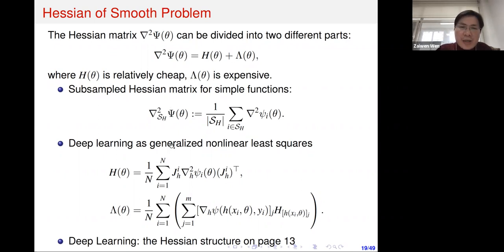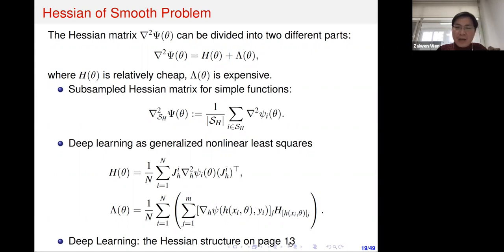Then if you treat the problem as a generalized nonlinear least squares problem, just plug into the formulation, the H can be written in this way. But if you compute it in this way, in most implementations of neural networks it is not affordable. For example, if you compute the Hessian in this way in PyTorch or TensorFlow, this can be very expensive because of the structure.